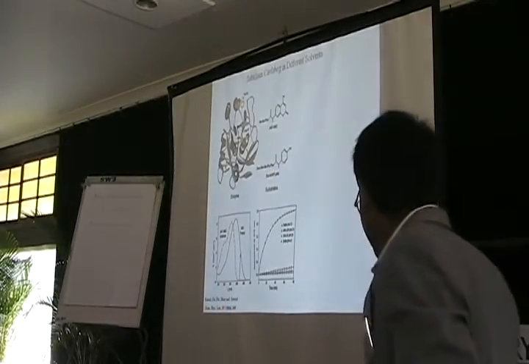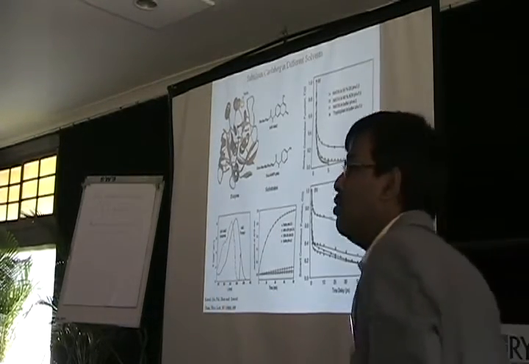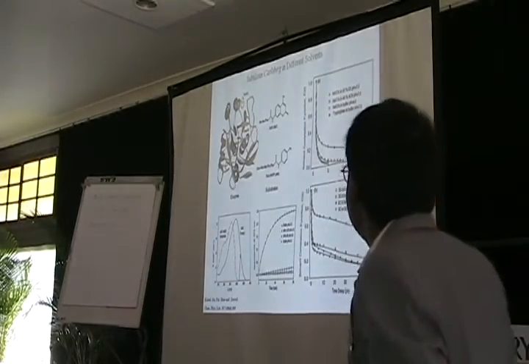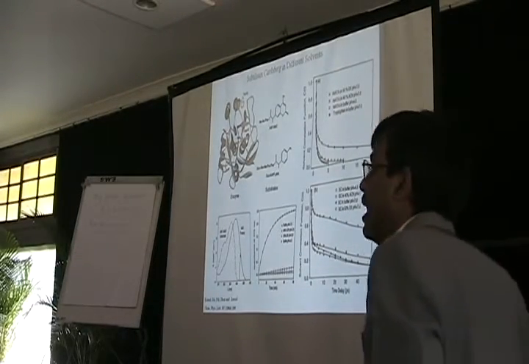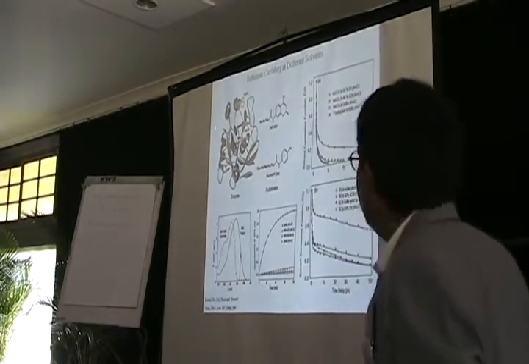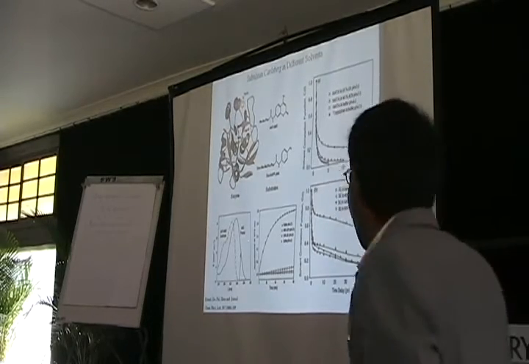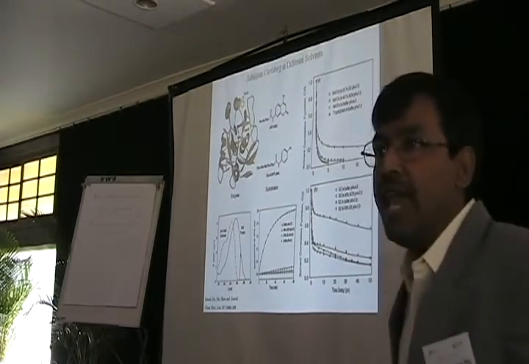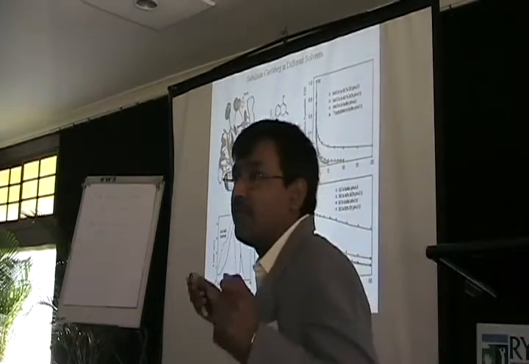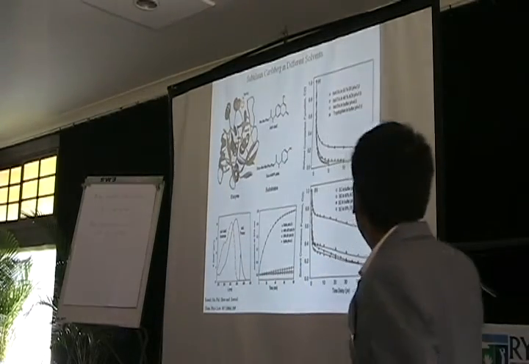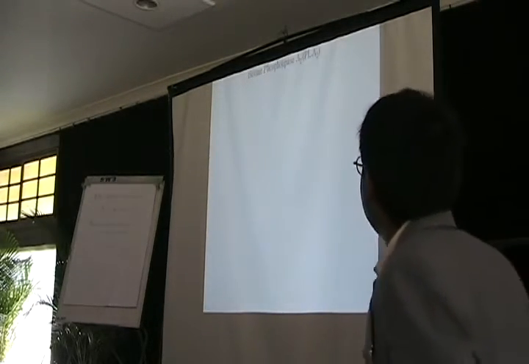So we found a very good correlation between the hydration dynamics in the close vicinity of the tryptophan and the functionality. We again found that when the protein is not functional, the dynamics is slower. That is evident over there.